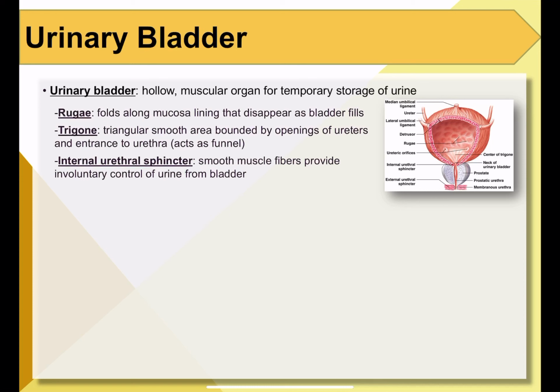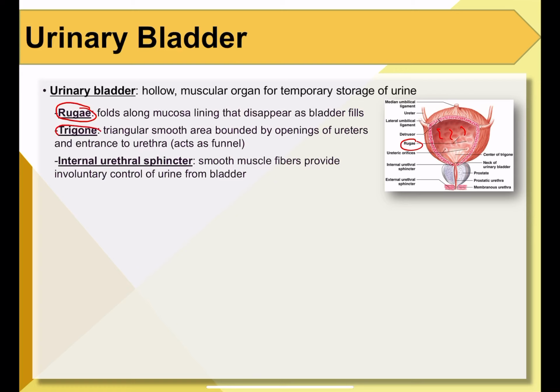It has, again, what's called rugae. Remember from the digestive system, in the stomach, we have rugae that allow for expansion of the stomach. For the bladder, it works the same way. There are folds within the bladder organ that allow for expansion of the bladder when it is filled with urine. So these folds in here are the rugae.